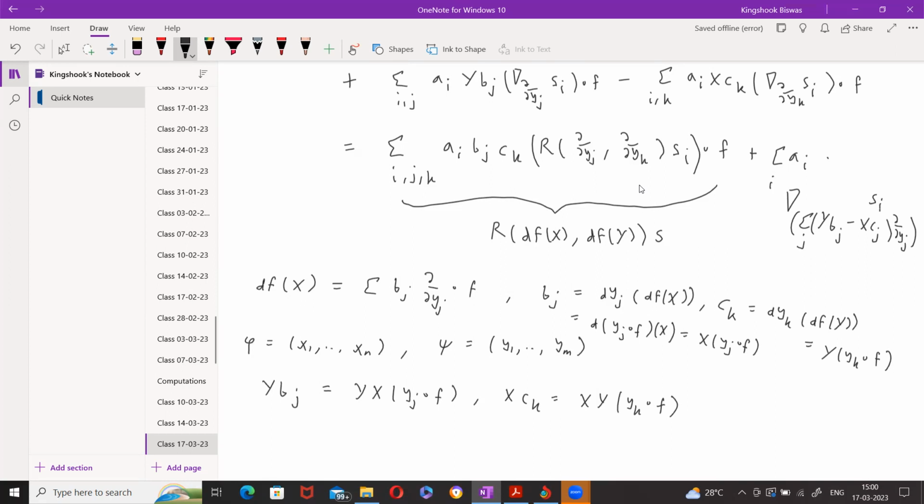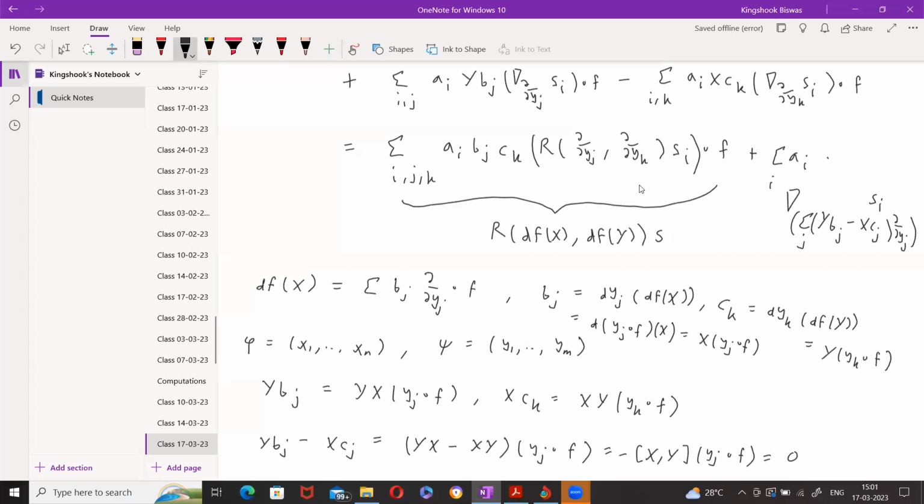So this y bj minus x cj will be yx minus xy acting on yj composed with f. So that is minus bracket xy acting on yj composed with f. So that's 0.